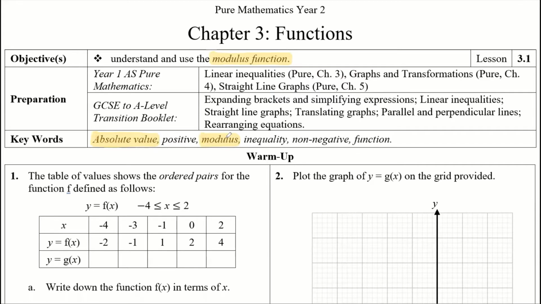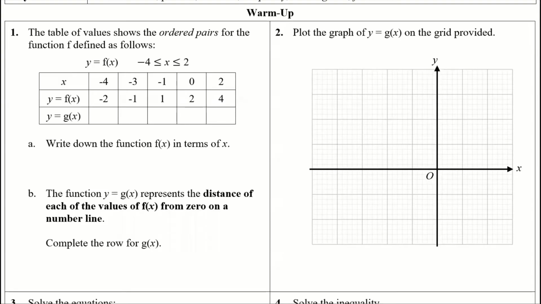Okay, let's have a look at the solutions. Our first question, we're given a table of values of ordered pairs. Just to remind you what ordered pairs are, it's just another way of representing coordinates. For example, an ordered pair for the x value x equals -4: if you put this x value into the function f, we get the value -2.